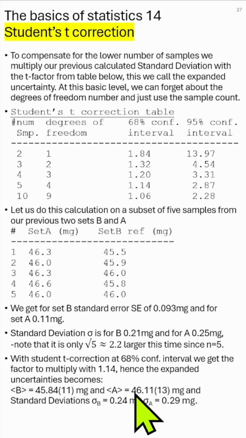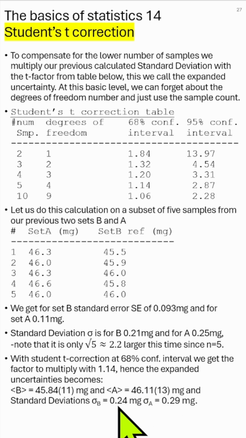And for the A set, we get the mean value 46.11 with the standard error of 0.13 milligram instead of 0.11 milligram.